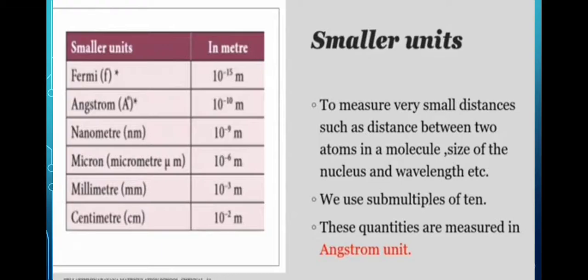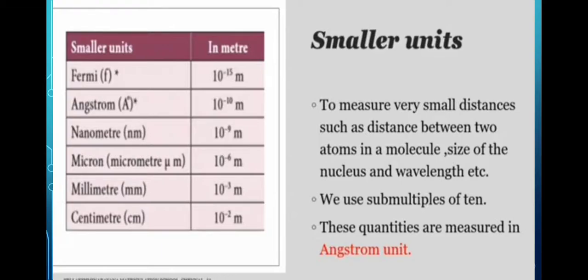Whereas to measure very small distances, like between two atoms in a molecule, size of the molecules and wavelength, etc., we use submultiples of 10. These quantities are measured in angstrom unit. Smaller units are Fermi, angstrom, nanometer, micron, millimeter, and centimeter.